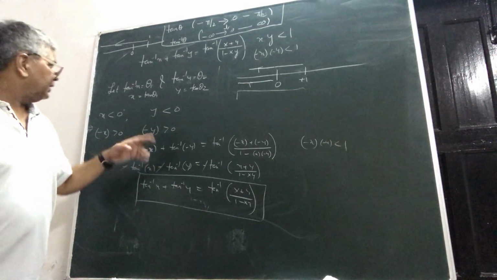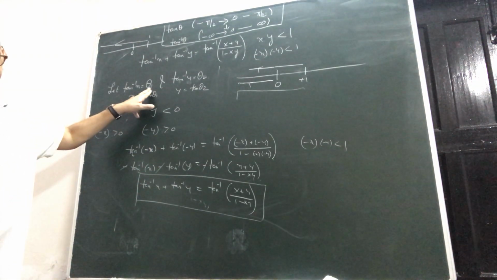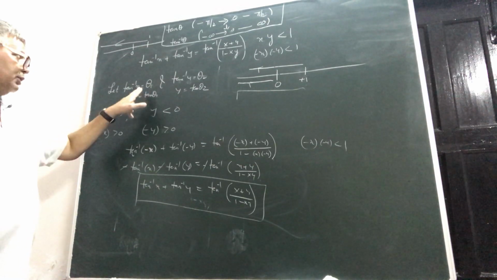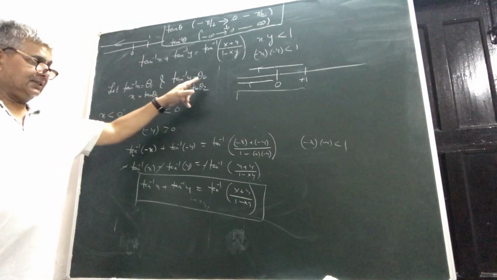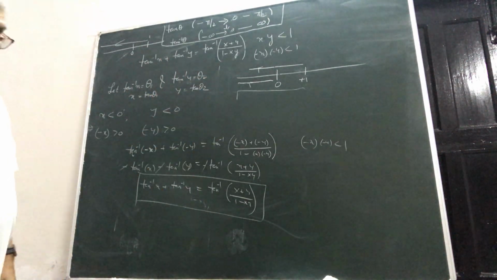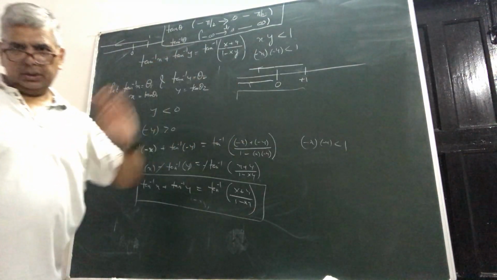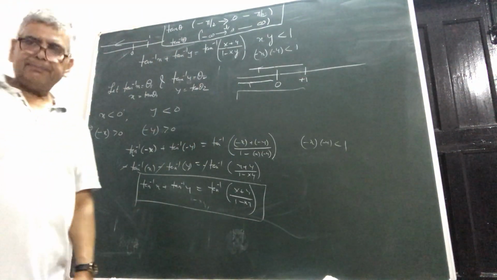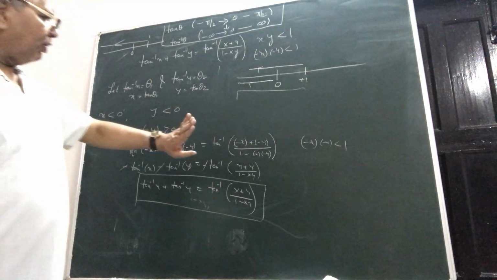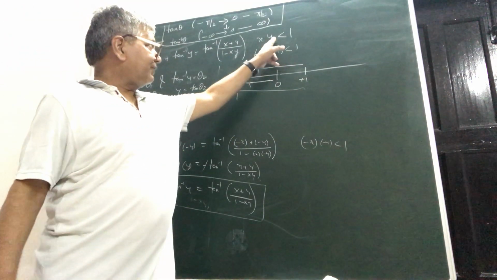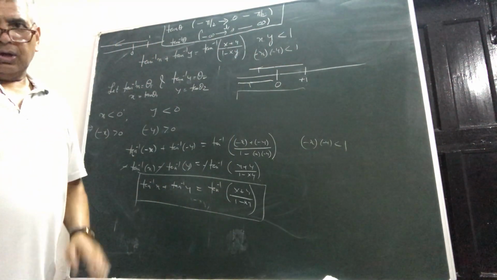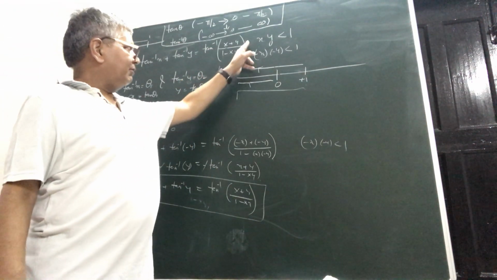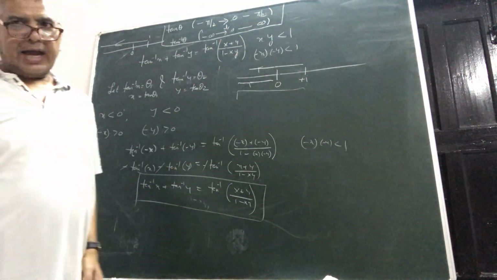That is, you put theta 1 lying between minus pi by 2 and 0, because x is negative, and likewise, and then do the same analysis; you will get the same result. So this is all about this. We will later also prove that if xy is greater than 1, then what will be the changes? Then it will be plus pi or something. And so I stop it here.